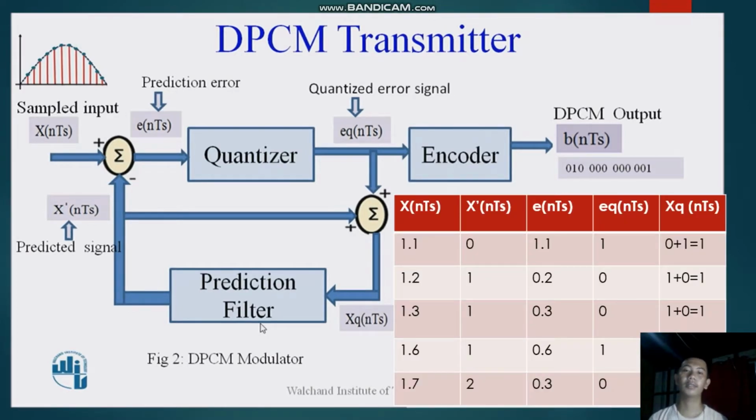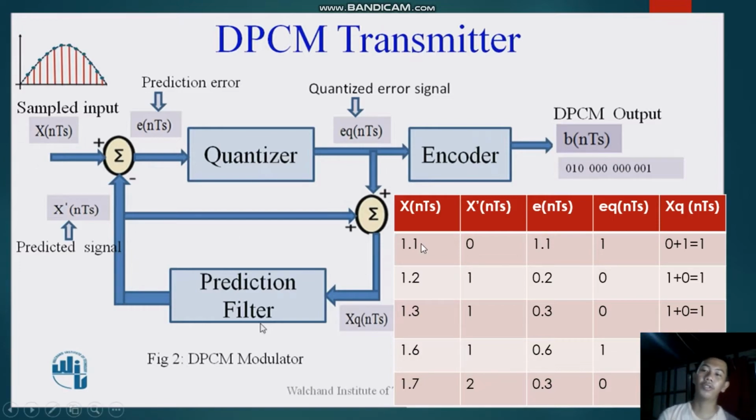So next, we have here a sample problem of how a DPCM transmitter works. So we have here an input of 1.1. x sub nTs is our input, x hat sub nTs is our predicted signal, e sub nTs is our prediction error, eq sub nTs is our quantized error signal, and xq sub nTs is the addition of x hat sub nTs, our predicted signal, and our quantized error signal.